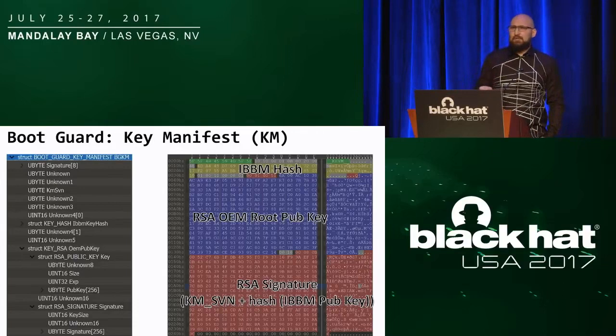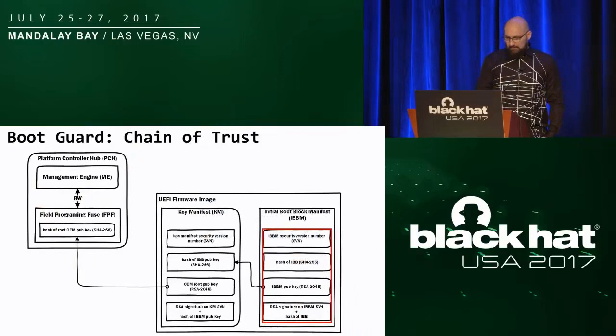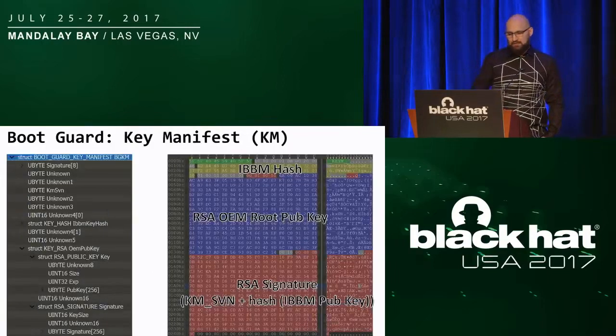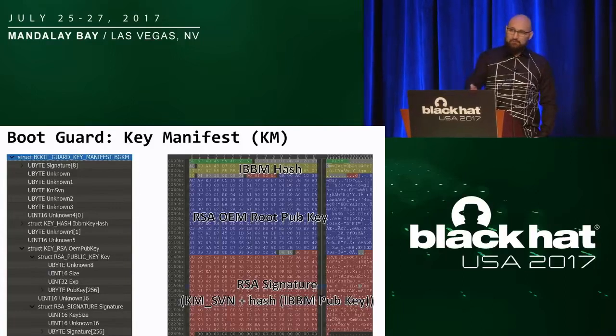The security version number is a number which locks this configuration if the fuse is programmed. You can't change this manifest anymore or install another one signed by the same key, because the version number is also signed.